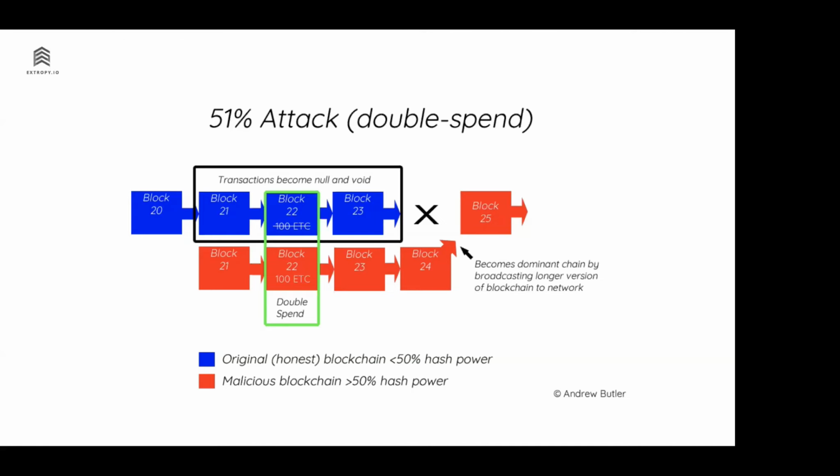And so if you have sufficient hashing power, then what you can do is present an alternative set of blocks to the network. And that alternative set of blocks will need to have sufficient computation within them that they can replace the existing set of blocks.